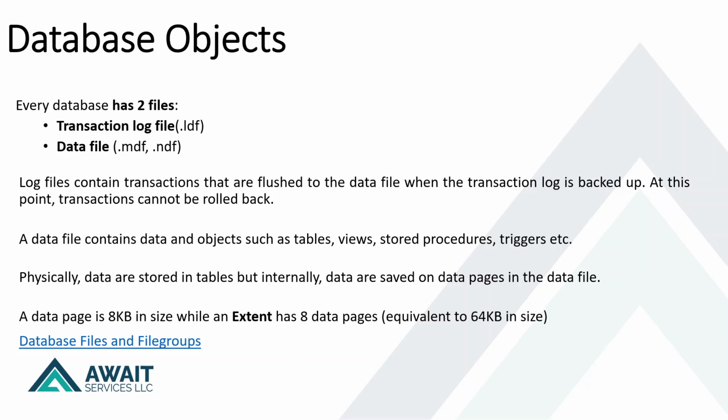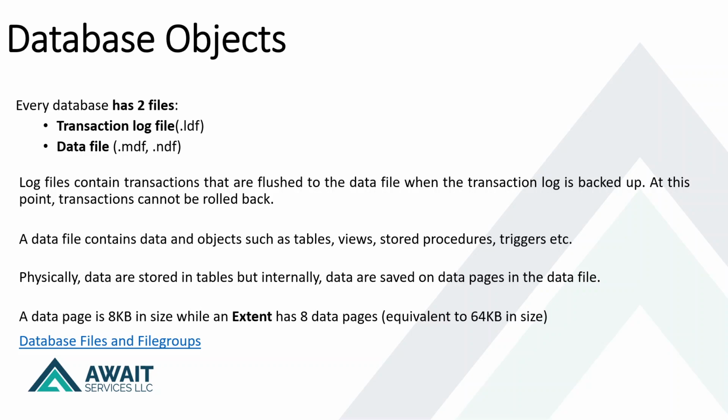On Microsoft Word, when you type, you say Control S, and that is it. There's no way you can Control Z again after you've Control S because it's been saved. But if you have not saved, you can do Control Z to roll back, to undo it. Okay, so after these transactions are flushed to the data file, they cannot be rolled back anymore.